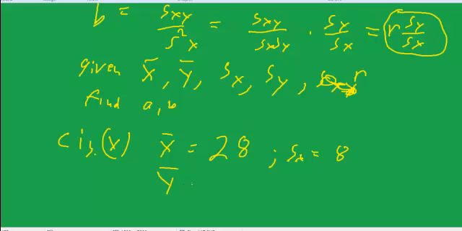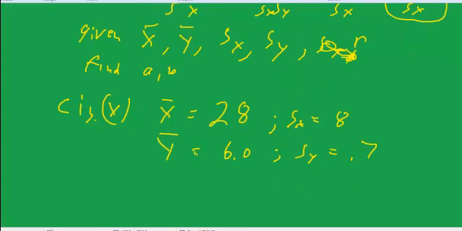For the lung capacity, let's say it's the average of 6, sy equals 0.7. I have no idea what it is. And let's say that the correlation is negative 0.3. Okay, so there's a negative relationship between cigarette smoking and lung capacity.